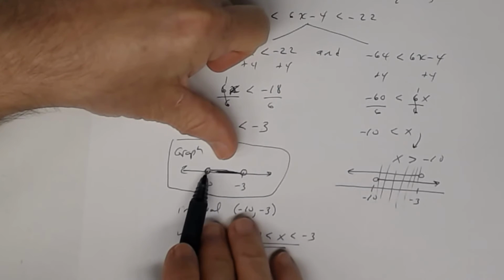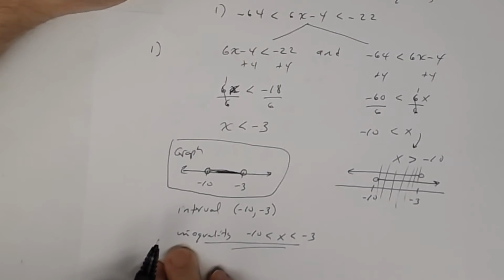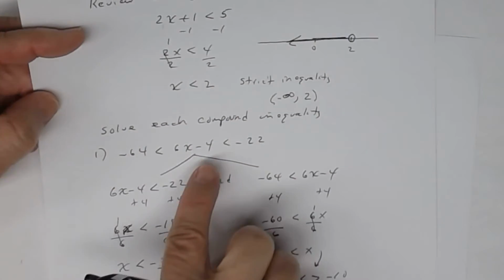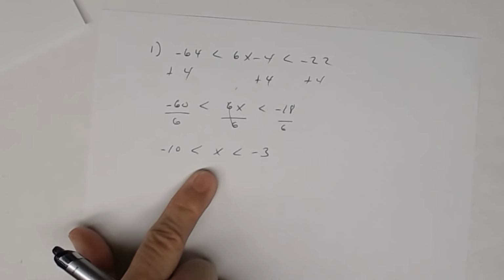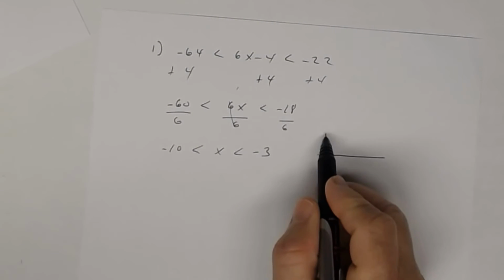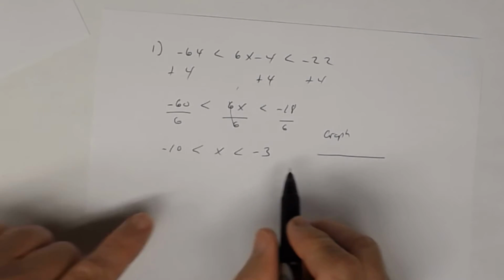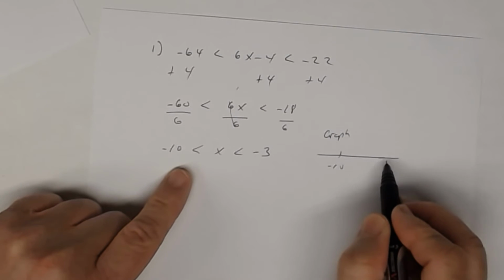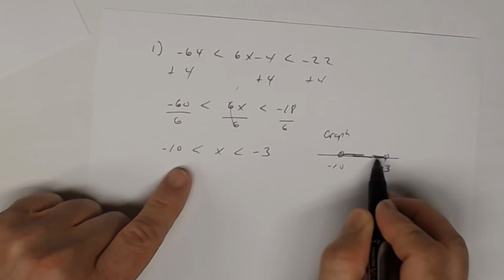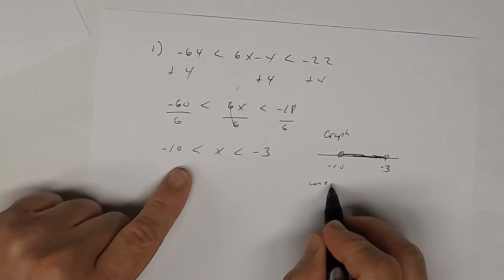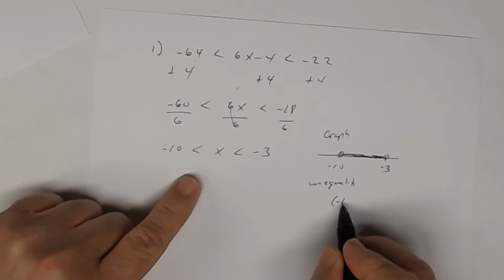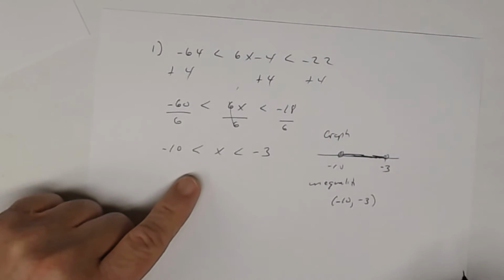No equal sign because it's just an open circle. And so notice for this problem, it was a lot quicker to do it this way, right? Okay, see how easy it was? And so your graph, the solution set, you'd say negative 10, negative 3, open circle, and then shade. And then the interval notation, you would say parentheses negative 10, comma, negative 3, parentheses.